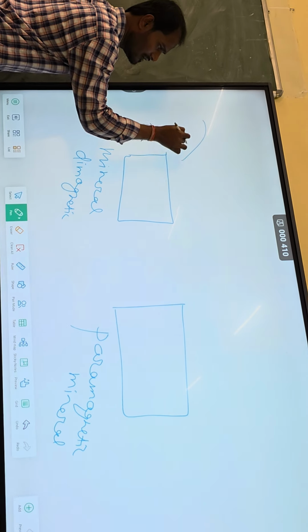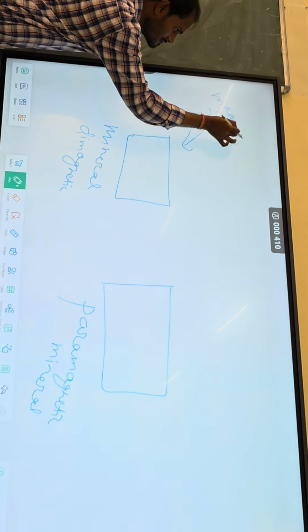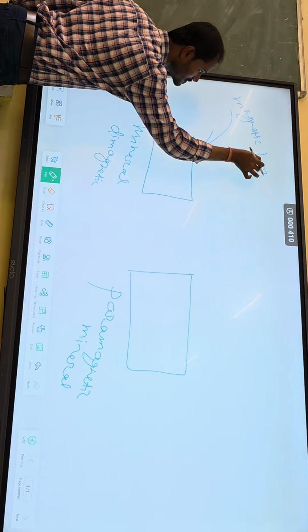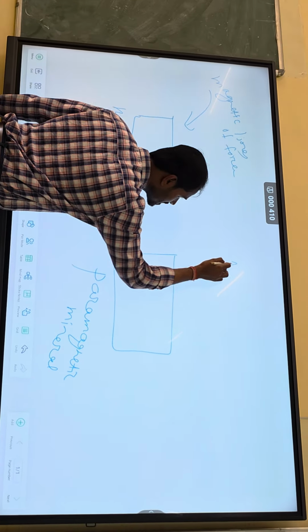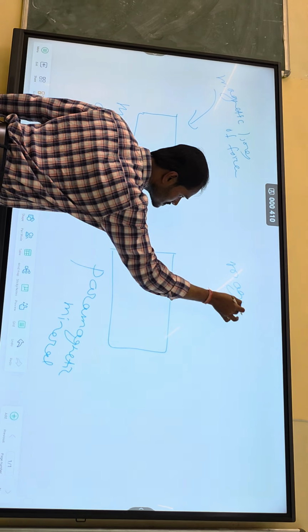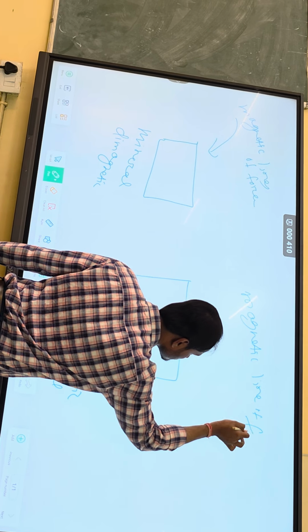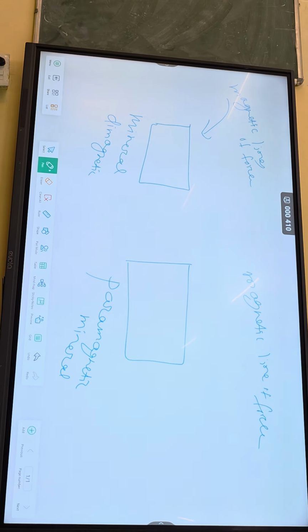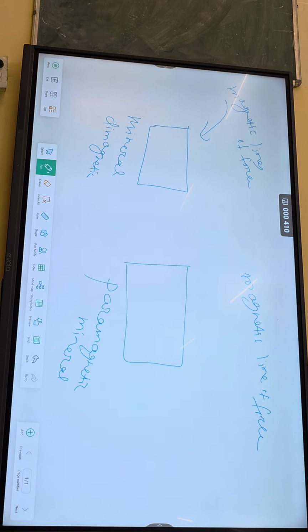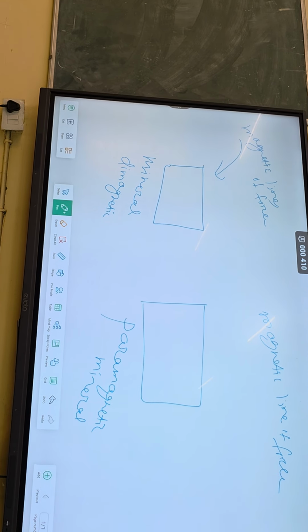Now suppose you apply magnetic force. Here also you apply magnetic lines of force. Magnetic line of force means you are applying a magnetic field actually. In both cases you are applying a magnetic field. Anybody remember what will happen if one is not attracted and one is getting attracted?